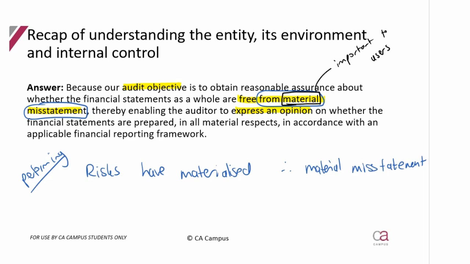What is important to the users? Misstatements, but a specific type of misstatement. Not all misstatements, only the material misstatements. So our objective to express an opinion on whether the financials are free from material misstatements is why we have to determine materiality, because materiality is what is material. It's our benchmark.